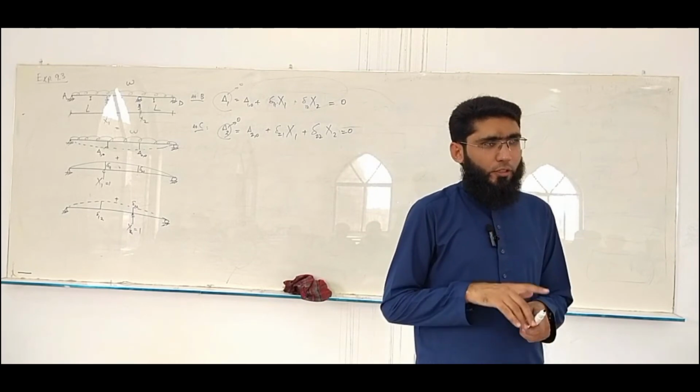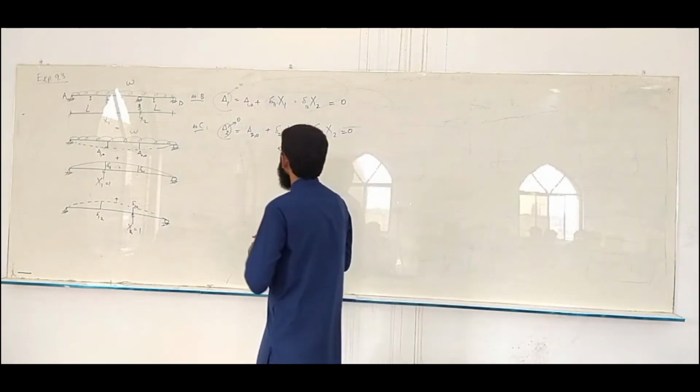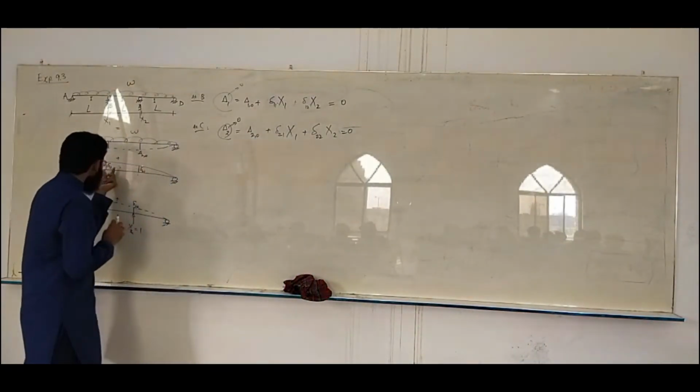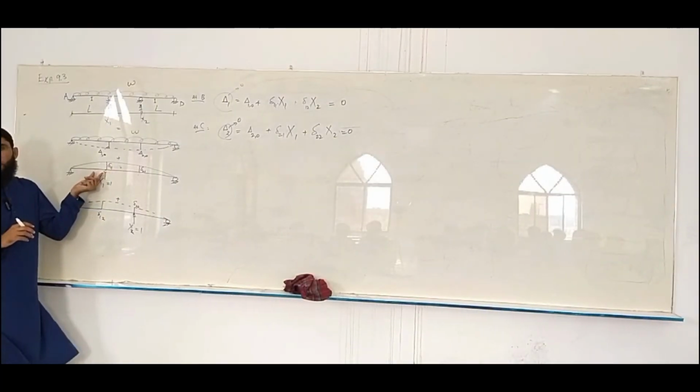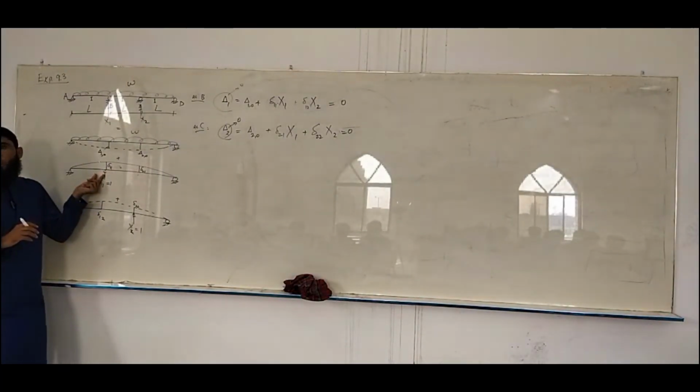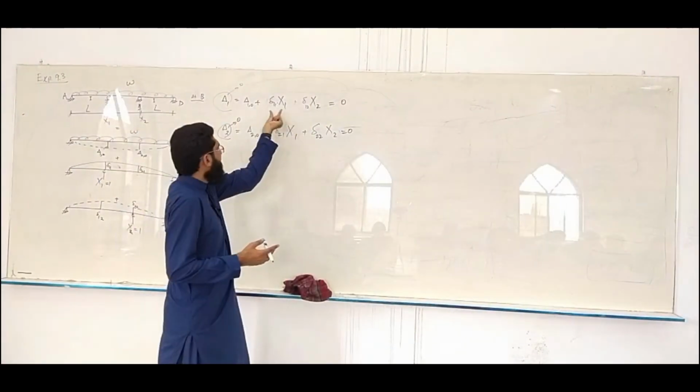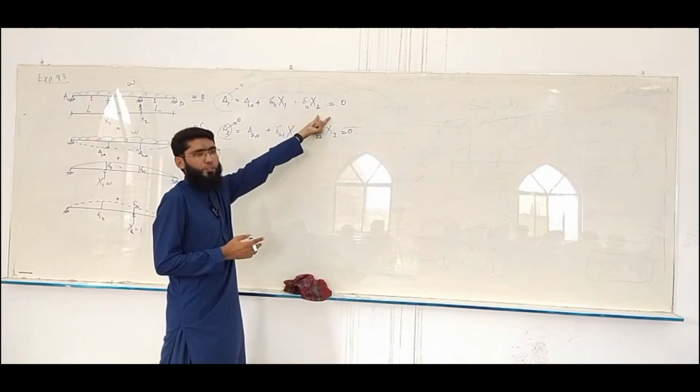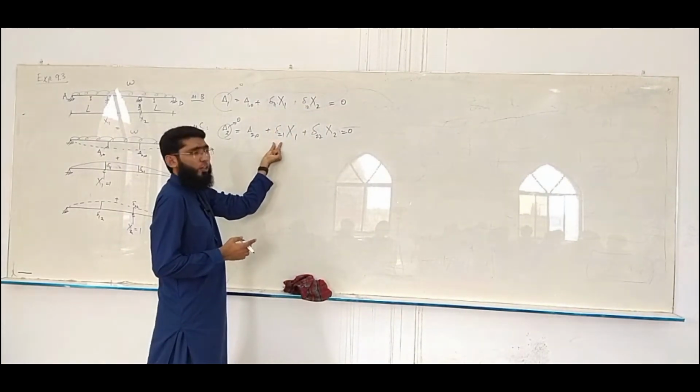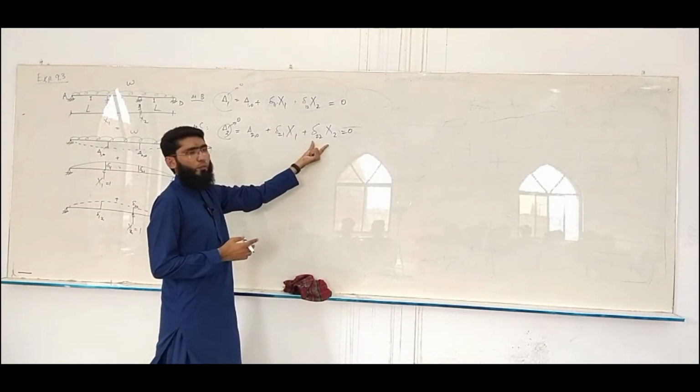Getting it? I want to tell you something here. This term delta 1 1, sometimes we call this flexibility, or flexibility coefficient. This is the coefficient of x1 and this is the coefficient of x2 in this equation. Similarly, this is a coefficient for x1 and this is a coefficient for x2.